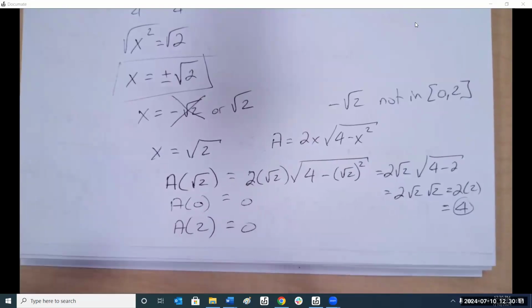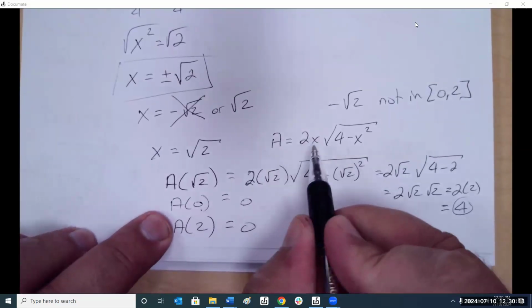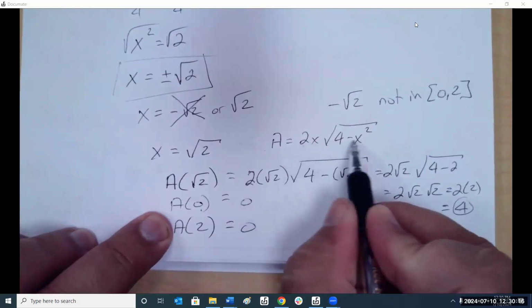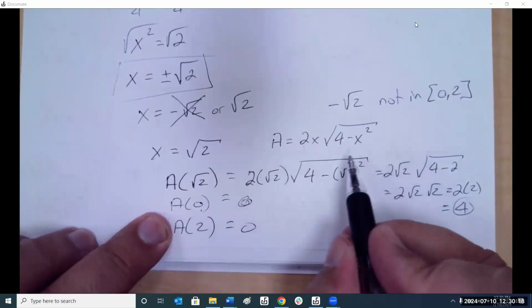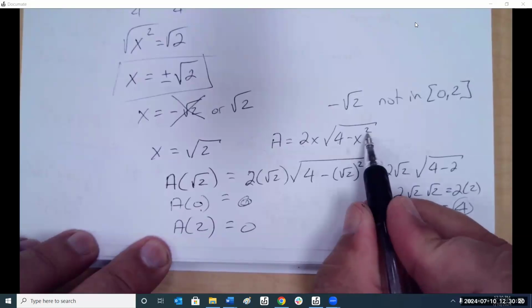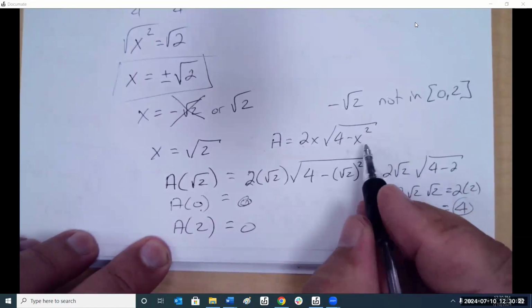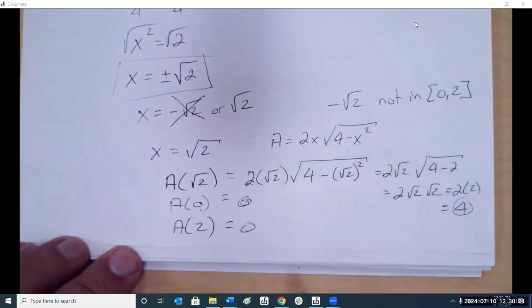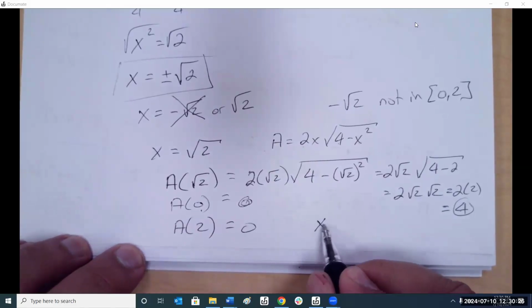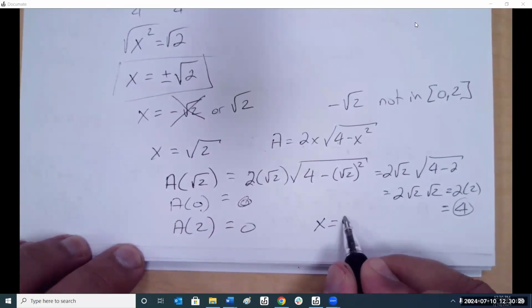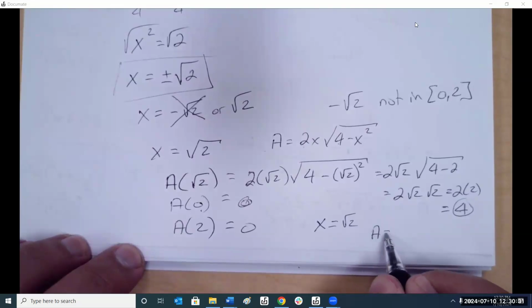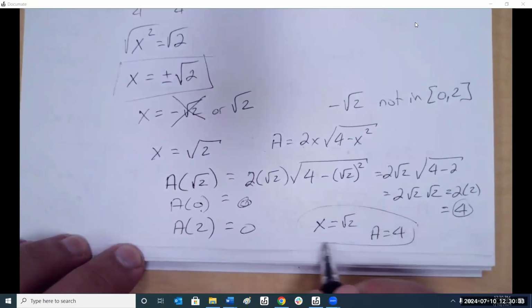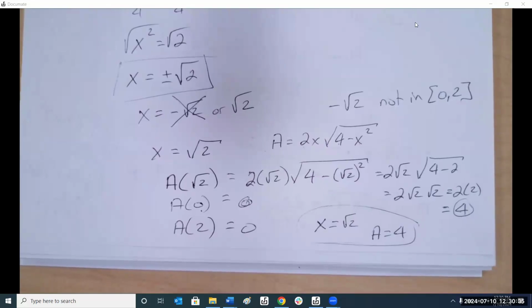And we'll plug those in there. 2 times 0 is 0, anything times 0 is 0. Inside here, 4 minus 2 squared, 4 minus 4 is 0. So our x value is radical 2, and the area is 4. That's the largest.